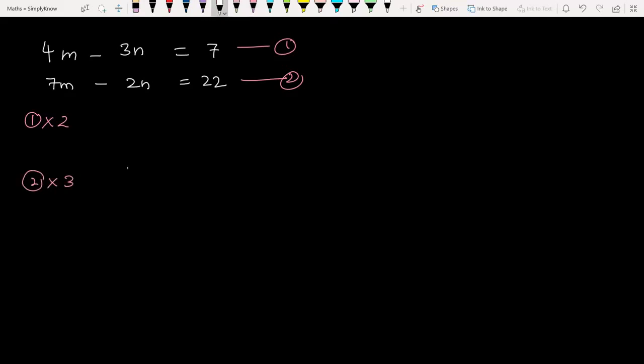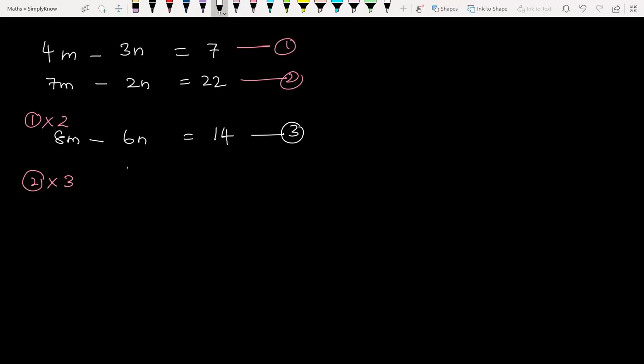I'm going to multiply the first equation now. 4m times 2 is 8m, minus 3n times 2 is 6n, equals 7 times 2 is 14. This is our third equation.